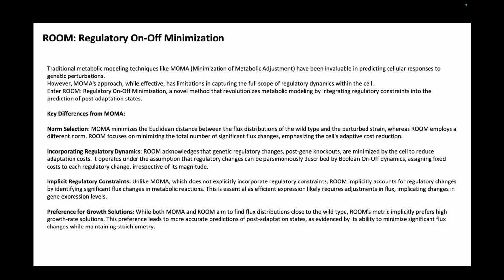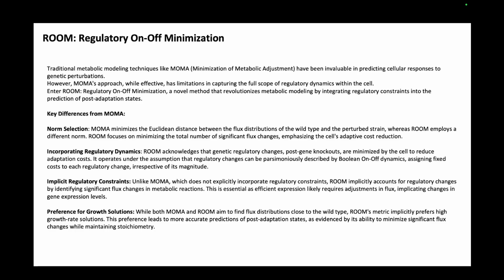It focuses on minimizing the total number of significant flux changes, emphasizing the cell's adaptive cost reduction, and it incorporates genetic regulatory changes caused in knockouts, which are minimized by the cell to reduce adaptation costs. It operates under the assumption that the regulatory changes can be parsimoniously described by Boolean on-off mechanisms, assigning fixed costs to each regulatory change irrespective of the magnitude.